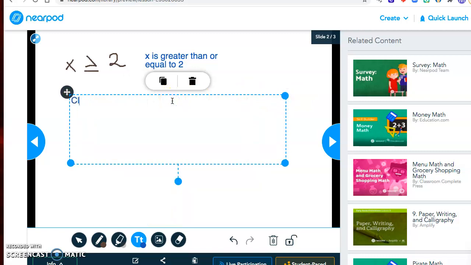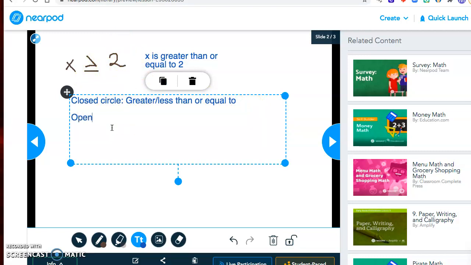A closed circle in the graph means greater than or equal to, or less than or equal to, because a closed circle means you're including that number.